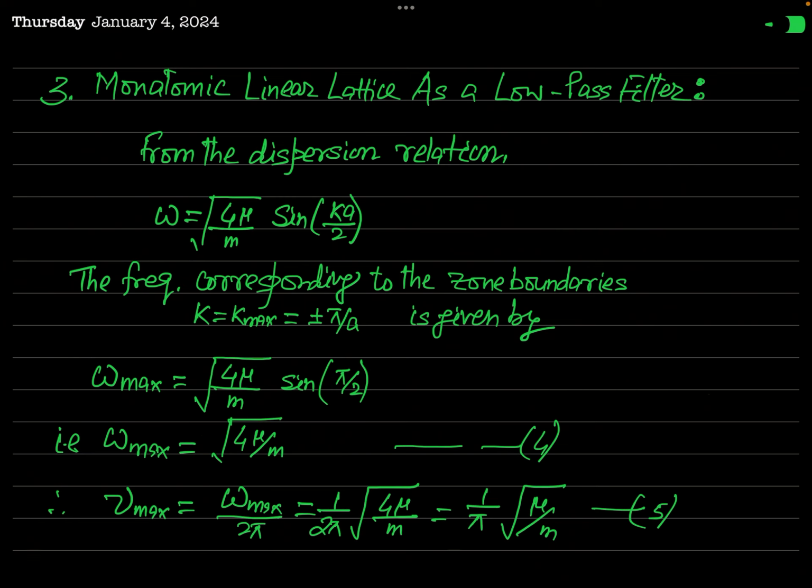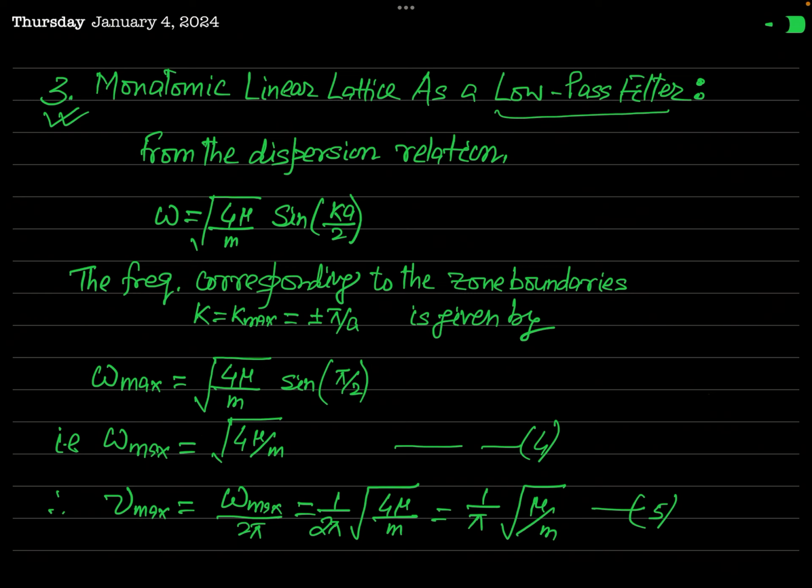So this was all about the Brillouin zone in case of the vibration of a linear monatomic lattice. Now we will discuss a very important fact regarding this vibration of a monatomic linear lattice. You will see in this discussion that this monatomic linear lattice behaves like a low pass filter.